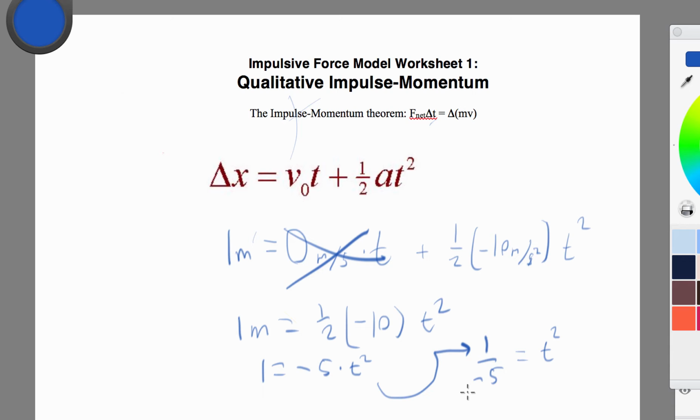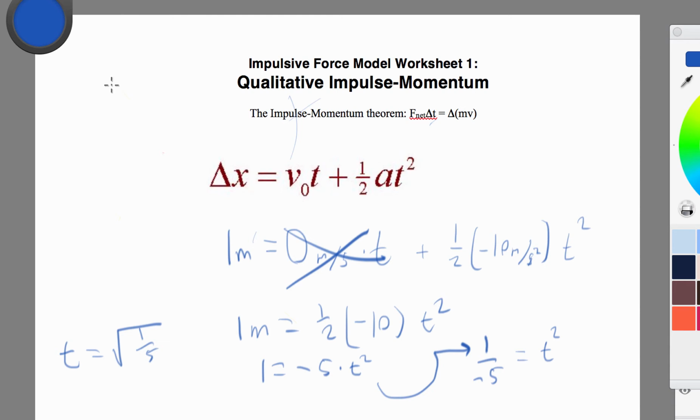Is that right? Yep. So then to get rid of that, I want to square root both sides. So t equals the square root. I'm not going to take the square root of a negative number, but it's just going to be 1/5. I can just make the number positive because it's symmetric.